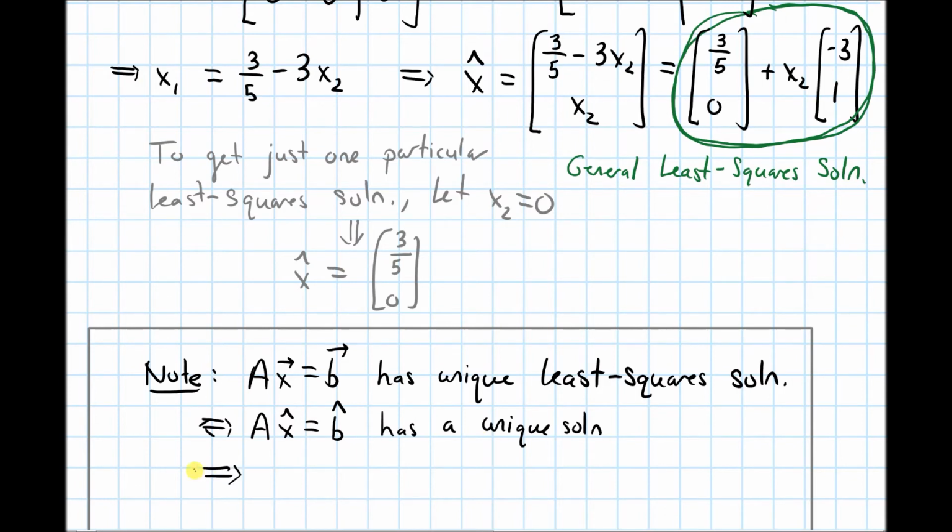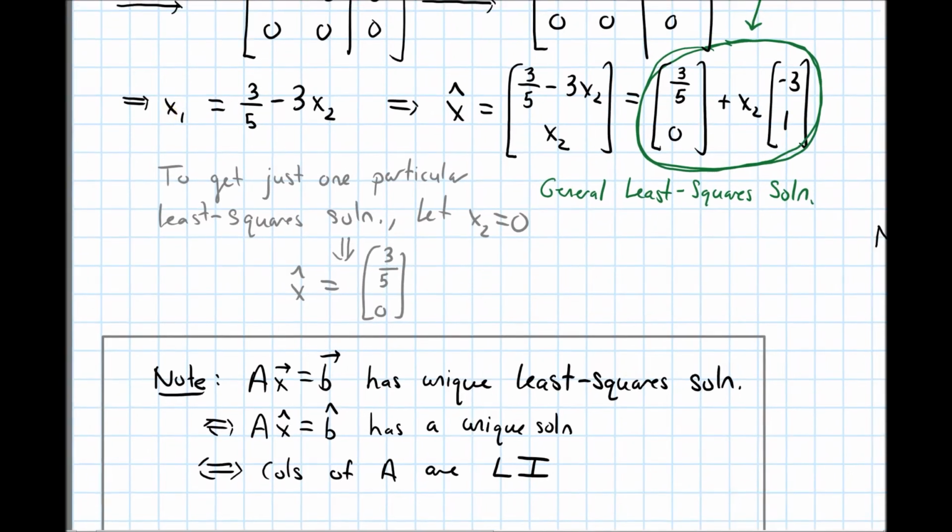Well, when does this system have a unique solution? That's true if and only if the columns of A are linearly independent. So when the columns of A are linearly independent, then we will have a unique least square solution.